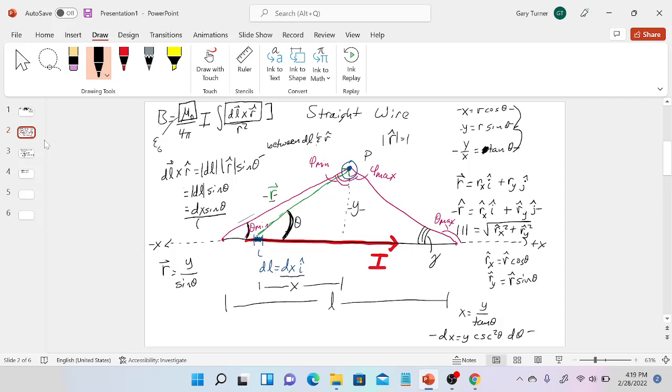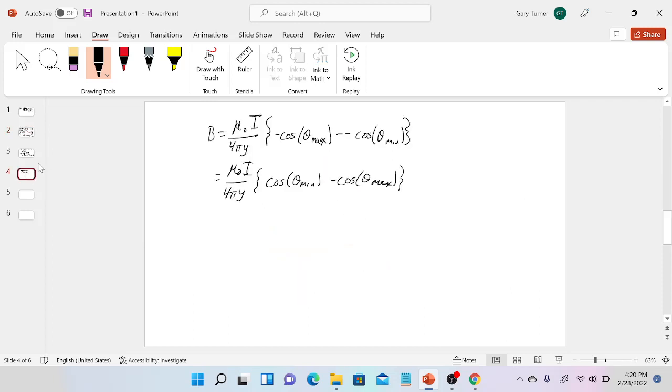So 180 minus theta max equals gamma, okay? And what that means is that the cos of theta max is minus the cos of gamma, okay?